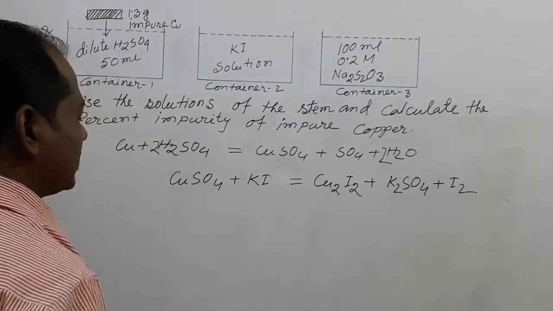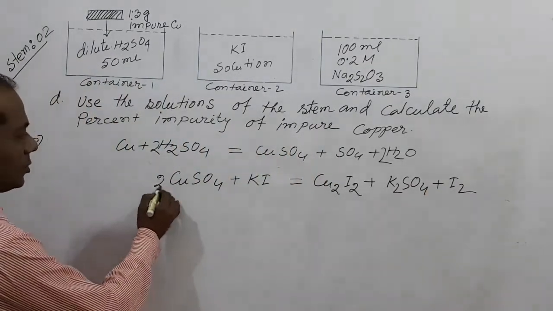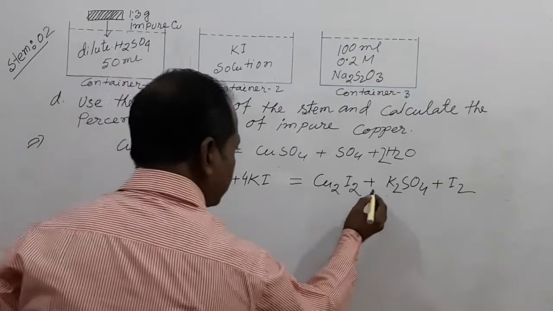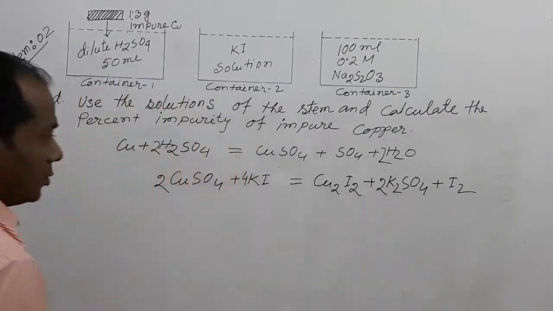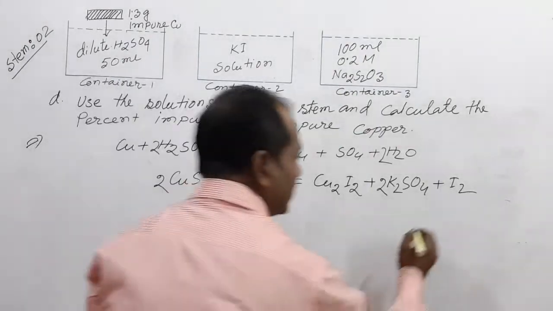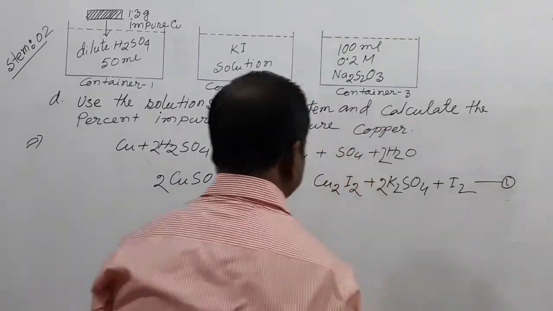To balance the equation, we write 2 and 4, and here 2. This is the balanced equation of copper sulfate and potassium iodide, and this is reaction number 1.